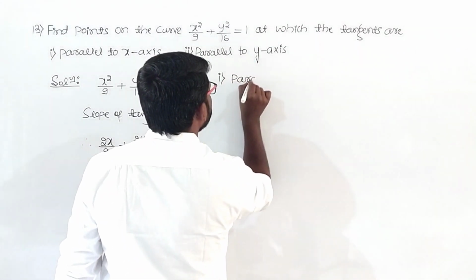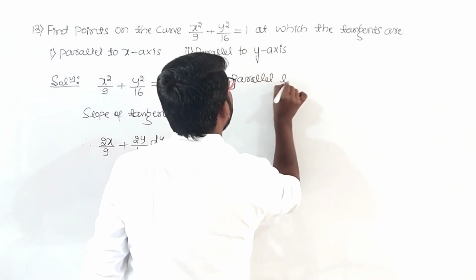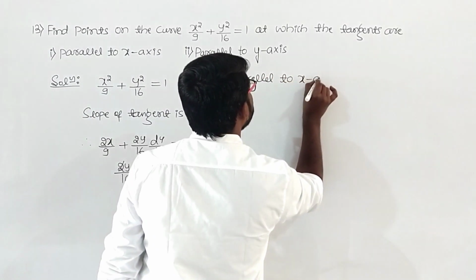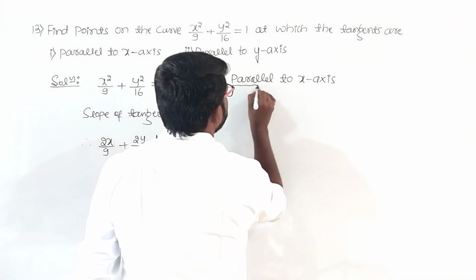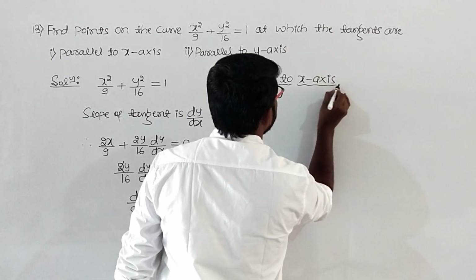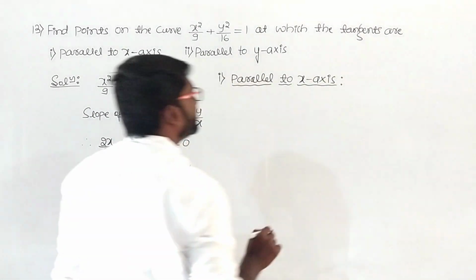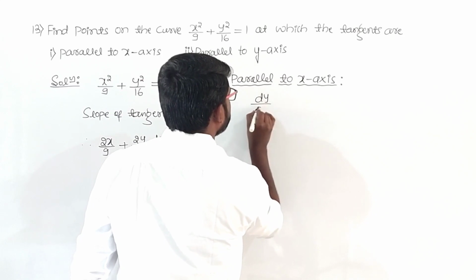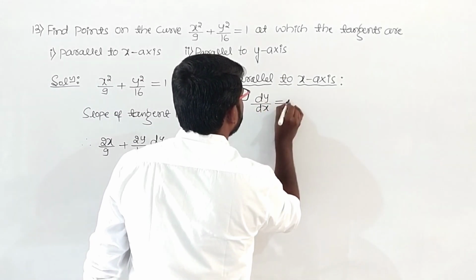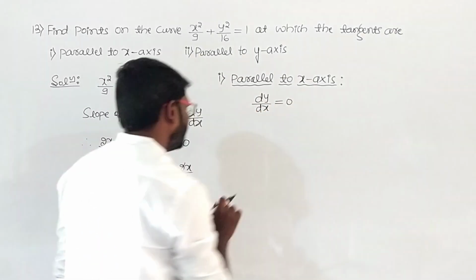Parallel to the x-axis means dy by dx must be equal to 0. So what is the dy by dx?